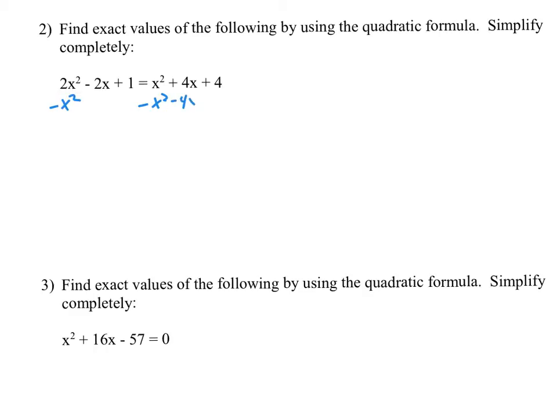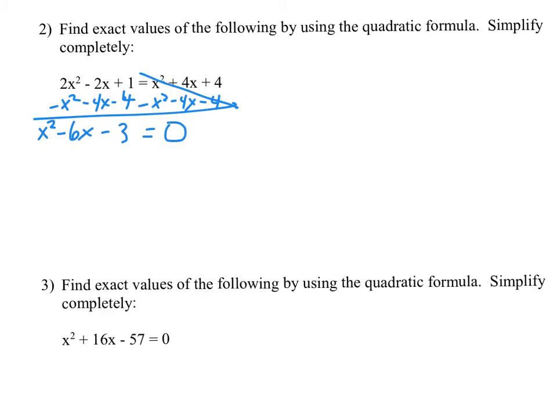I'm going to subtract my 4x. Subtract my 4. Then this whole side is just 0. And I just do the math here, so this becomes x squared minus 6x minus 3. I thought that was a 1. So there we go.